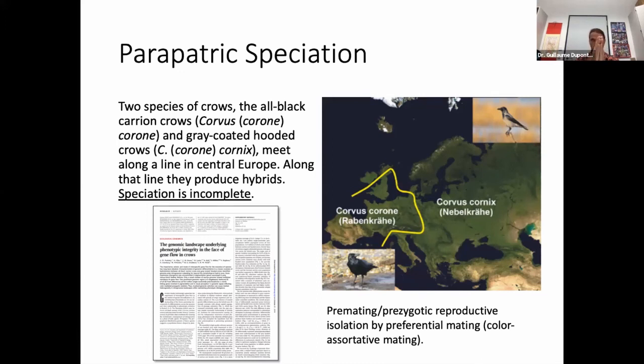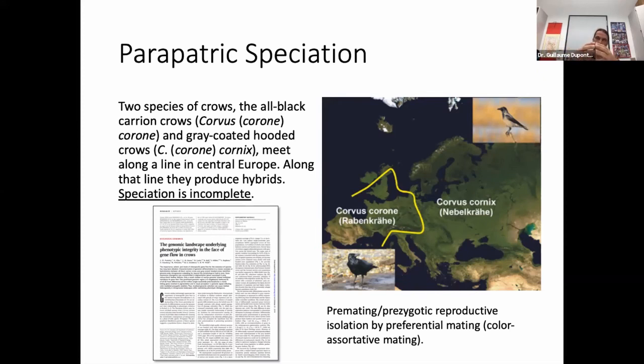And there's the hybridization zone in Central Europe, but hybrids are not favored because either the dark bird or the gray bird preferably mate with the phenotypes which look most similar to themselves.